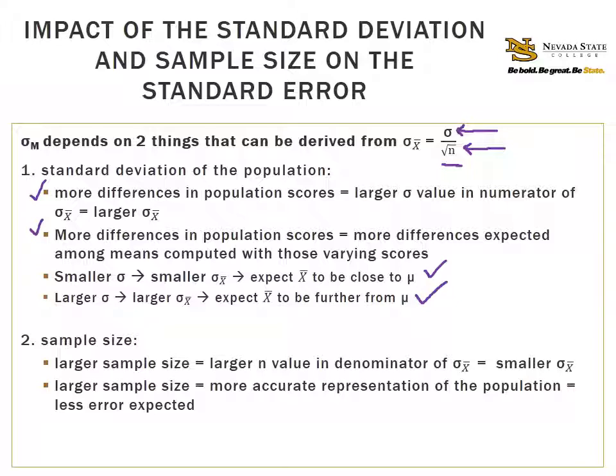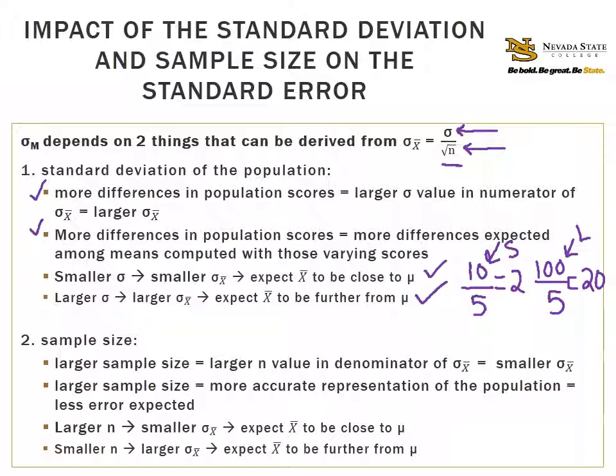If the math thing is confusing to you, think about this. If we talk about the standard deviation, if we have 10 divided by 5 versus 100 divided by 5, well, here we have a larger value, so the overall value is going to be larger than when we have a smaller value, we're going to have a smaller overall number. But if we think about the sample size in the denominator, right?